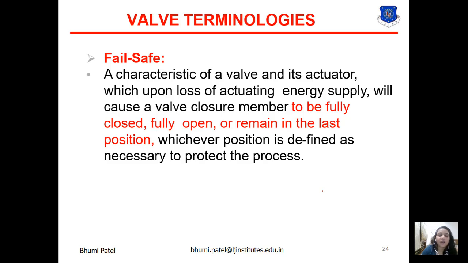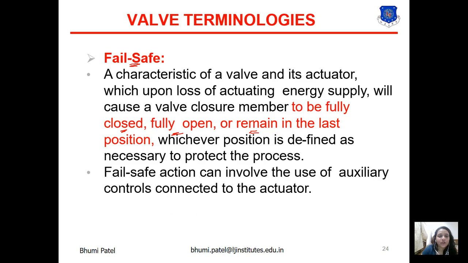So in fail open, the valve is in the open position. In fail close, the valve is in the closed position. But in fail safe, the valve will be fully closed, fully open or remain in the last position. Fail safe action can involve the use of auxiliary controls connected to the actuator.